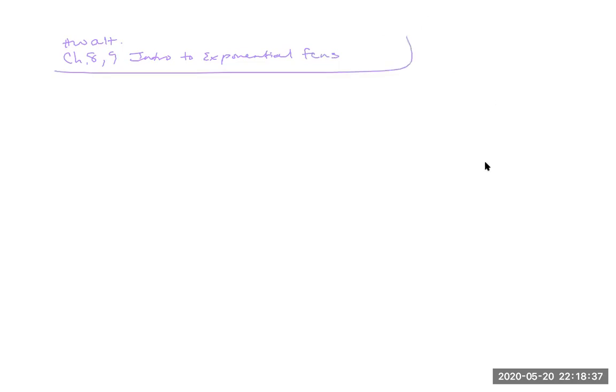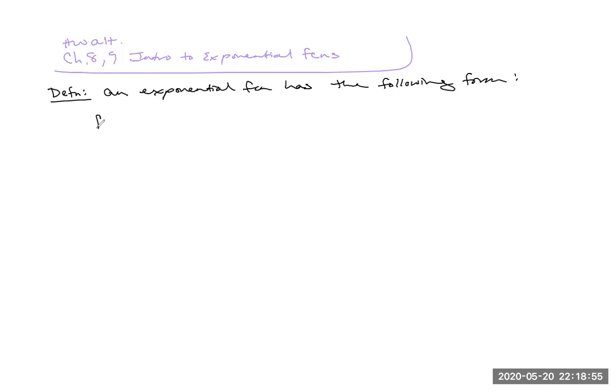Okay, so a few details. First, the definition. An exponential function has the following form. You're going to have your function name, in this case it's f of x, and then you're going to have a to the x power.